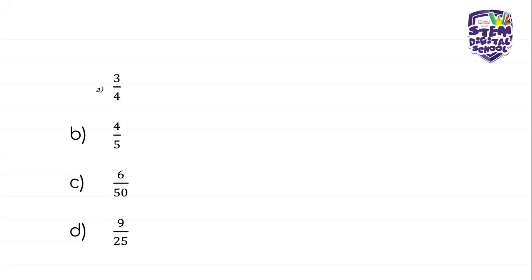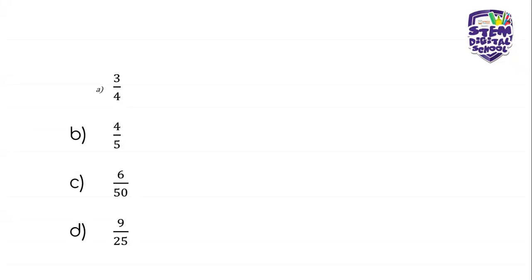So let me give you some clue. In most cases, if you are required to convert a fraction without using a calculator, the denominator will be a factor of 100. So it means that the denominator can go into 100 without a remainder. Like in this case, 3 over 4, 4 can go into 100 without a remainder.